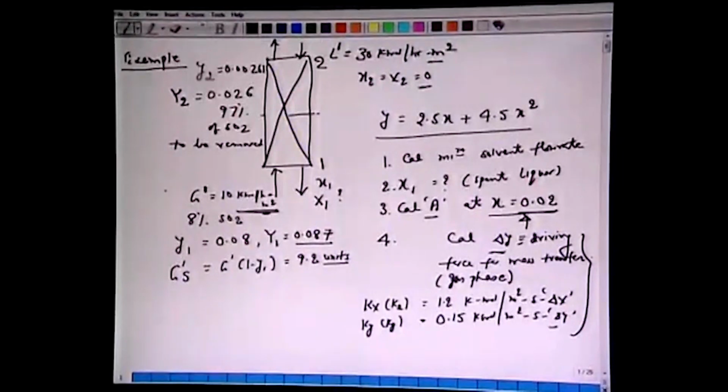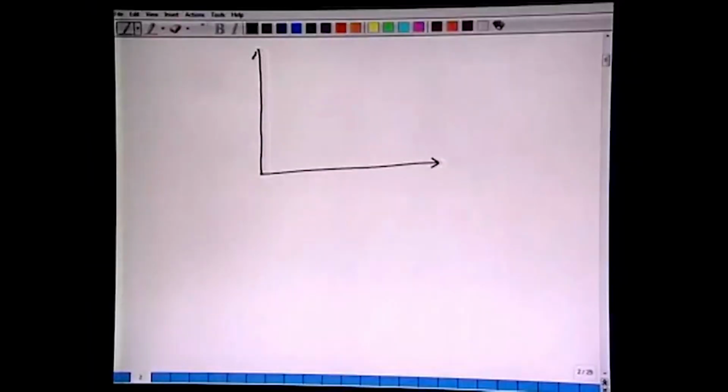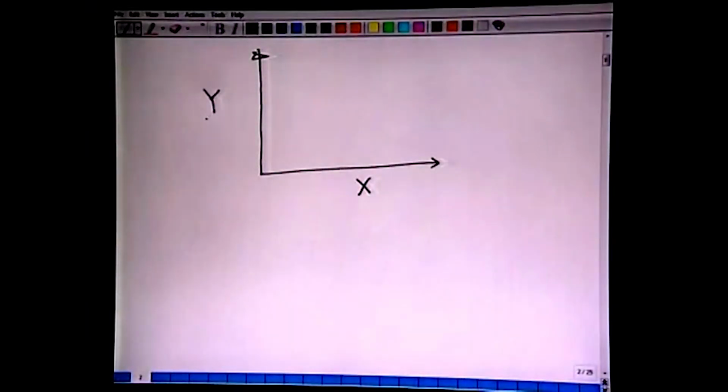So all we have done, let's start here. We have marked our coordinates y1, here we have x2, here we have y2. We know this equilibrium curve. All we are supposed to do is draw this graphically. Let's do it graphically. We have capital X and capital Y. That's the way we have been working, doing the calculation on a solute free basis.